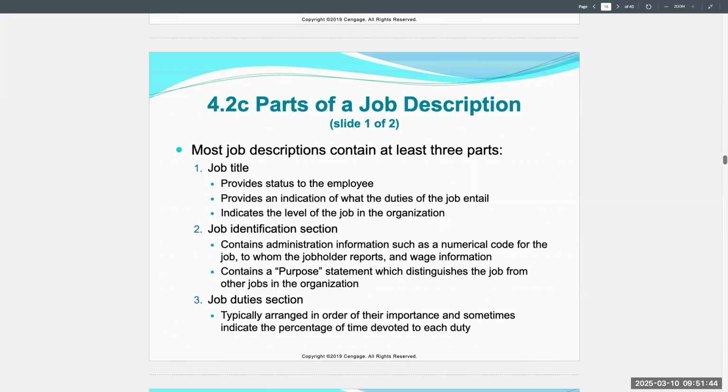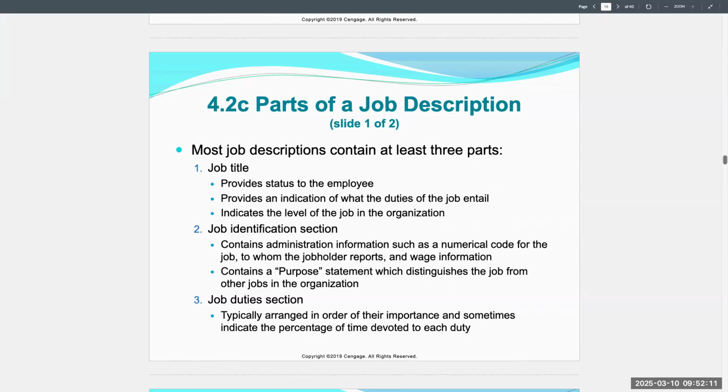So the job identification section is administrative details such as reporting structure, wage classifications, and purpose of the role. So it distinguishes one job from another and sets expectations and accountability. In the job duty section, this section outlines specific responsibilities, often in order of importance. The most important usually goes on top.